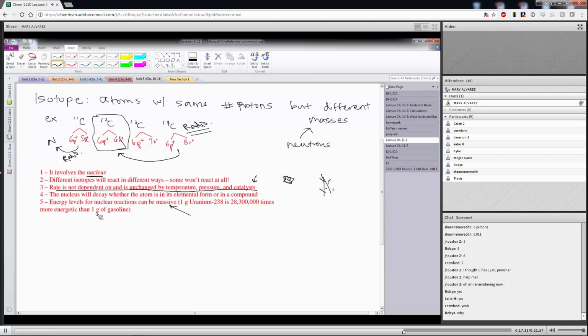Because it's going to take 28 million times as much gasoline, which is going to include 28 million times as much carbon dioxide as a byproduct, assuming that's the only byproduct you get from combustion of gasoline, as opposed to 1 gram of uranium-238, which is going to yield 1 gram of radioactive material that needs to be disposed of afterwards. So much cleaner by comparison, just because on a mass basis, it's so much more energetic.